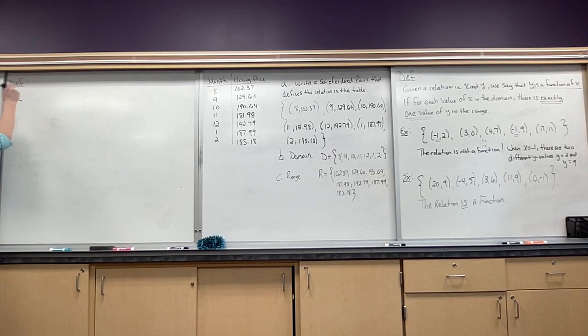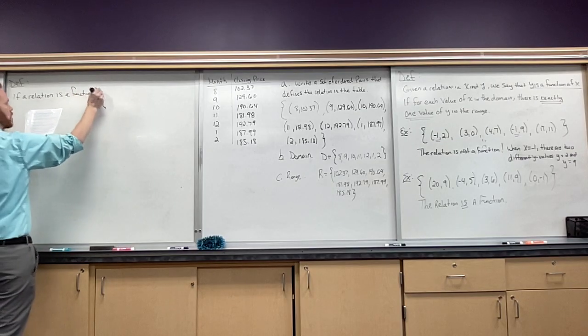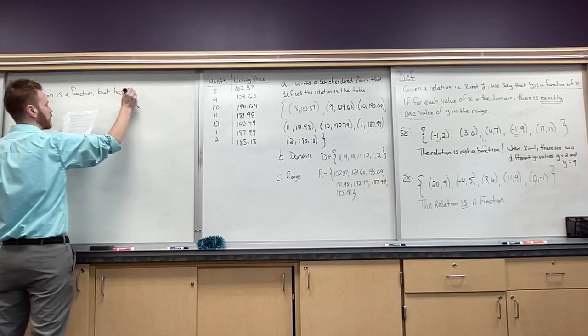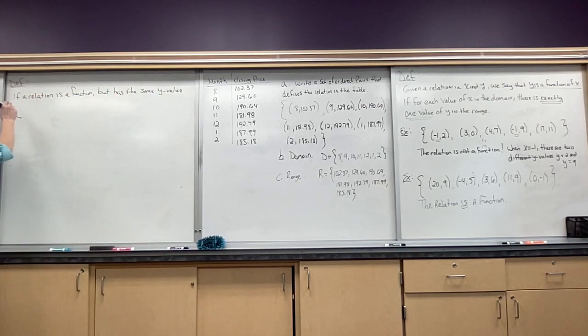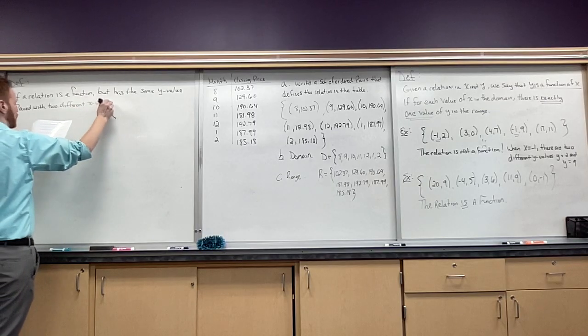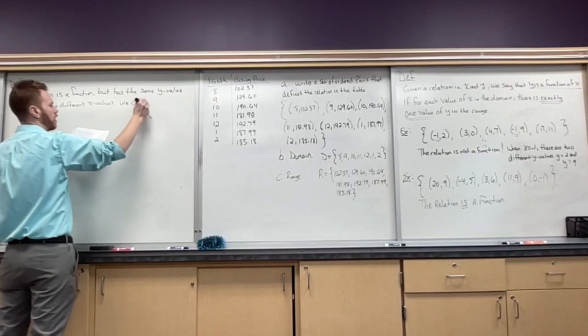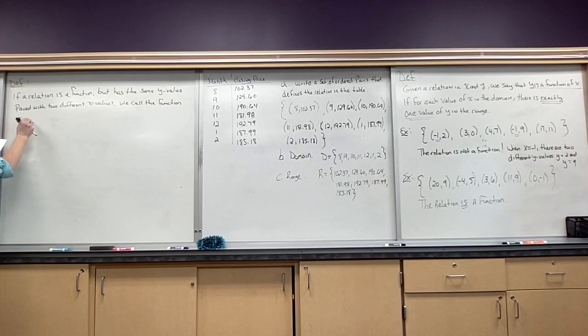So here we go. If a relation is a function, but has the same y value paired with 2 different x values, we call the function surjective or onto.